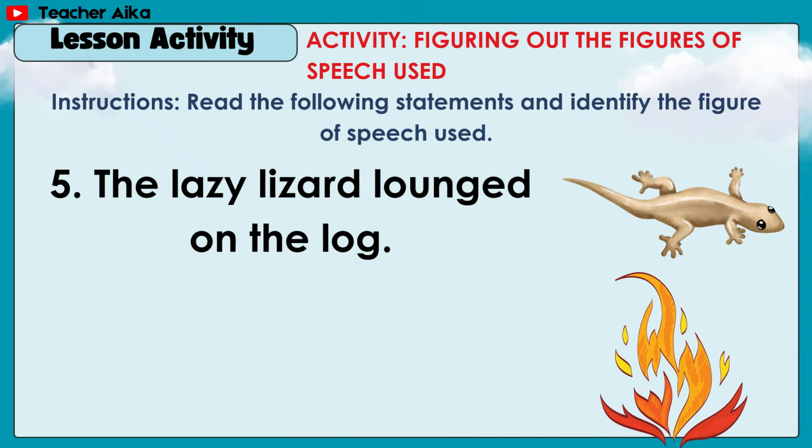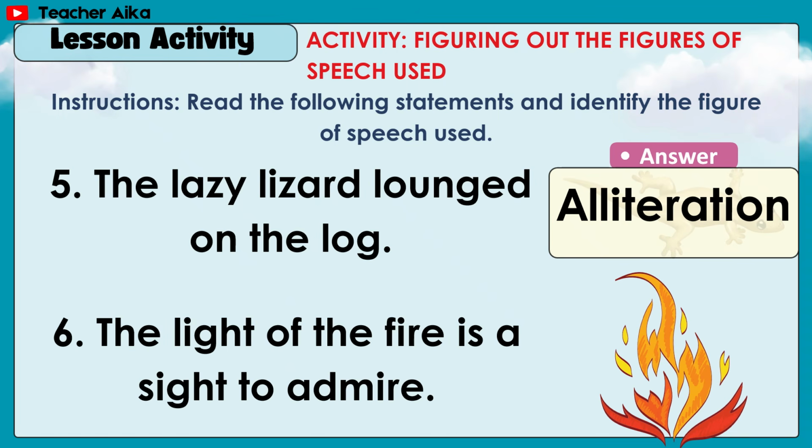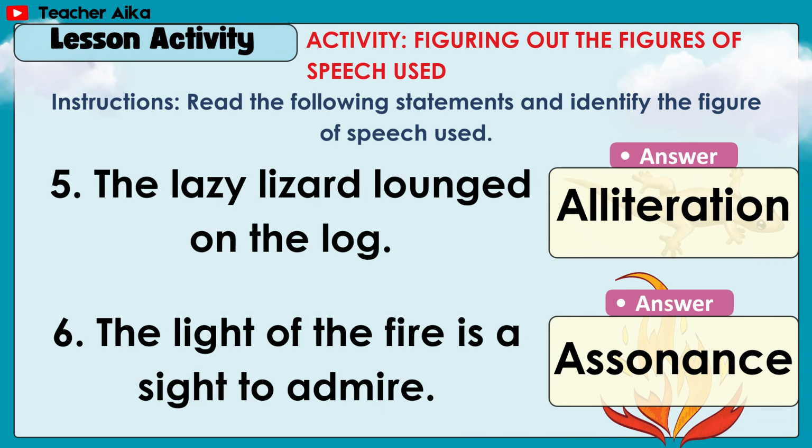Number 5, the lazy lizard lounged on the log. Answer: alliteration. Number 6, the light of the fire is a sight to admire. Answer: assonance.